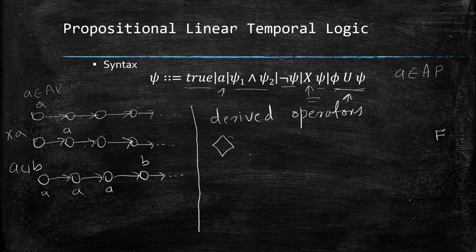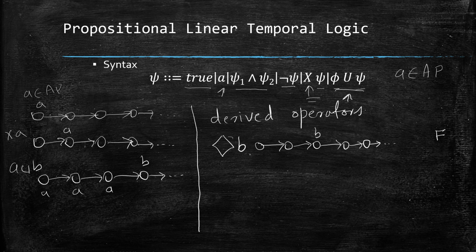So if I write eventually B, or in future B, I can show its interpretation on an infinite trace like this. It means B is going to be true eventually in some state or at some instance of time.